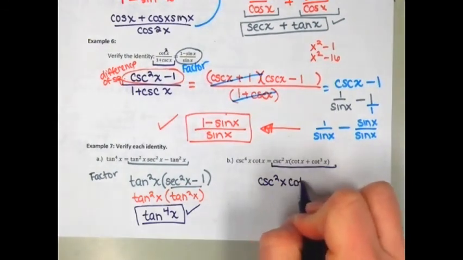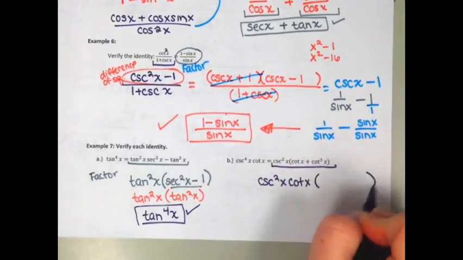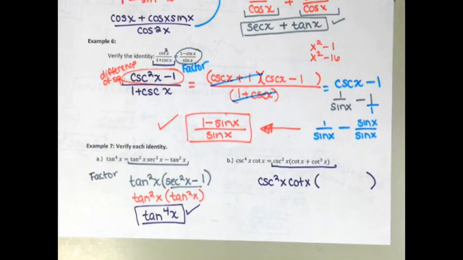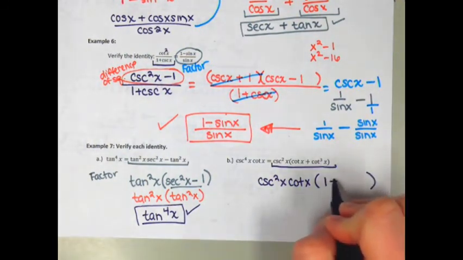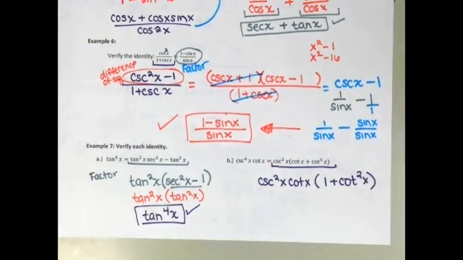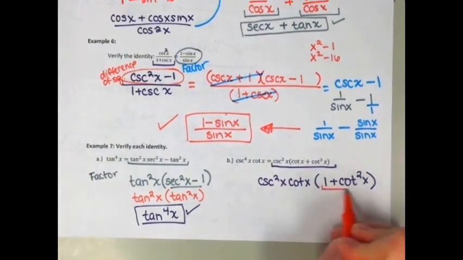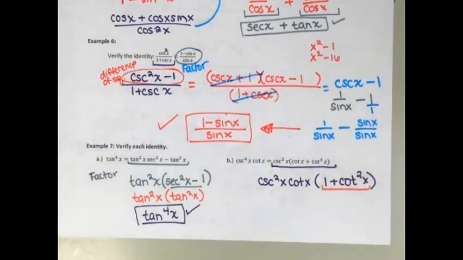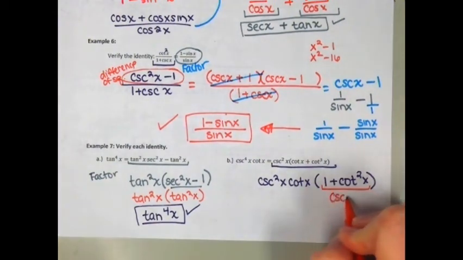1. So what would be left over if I take a cotangent out? 1 plus cotangent squared x. You guys okay with that? Now, we want to see, do we know anything about 1 plus cotangent squared x? It is equal to cosecant squared x.